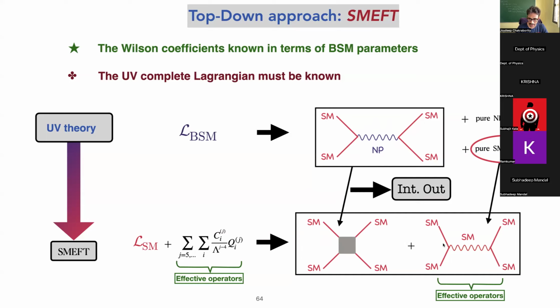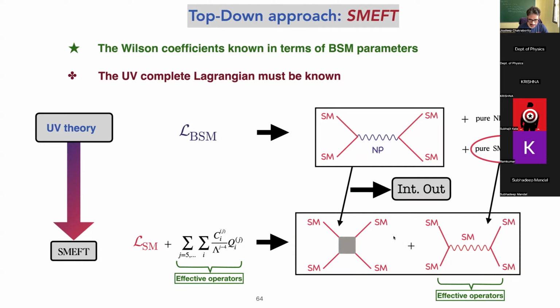This gives you an idea why this is complementary to the bottom-up approach. In the bottom-up approach, we added this quantity along with the renormalizable part, expecting that together they can capture any new physics effect written in this particular form. In the top-down approach, the other way around, you start with the new physics diagram, integrate out the new physics part, and effectively write it in this form. So this gives you the complementary vibe of these two approaches.